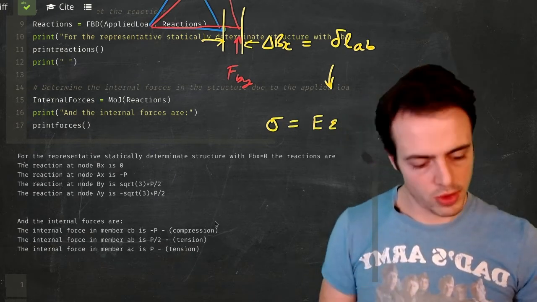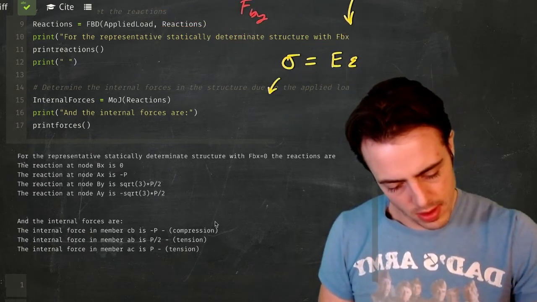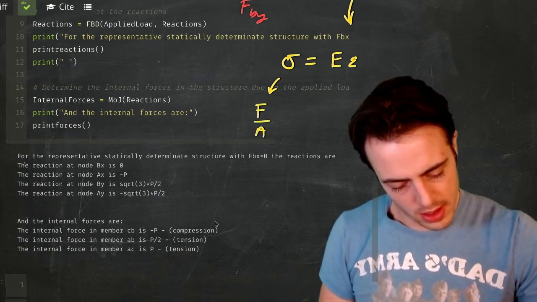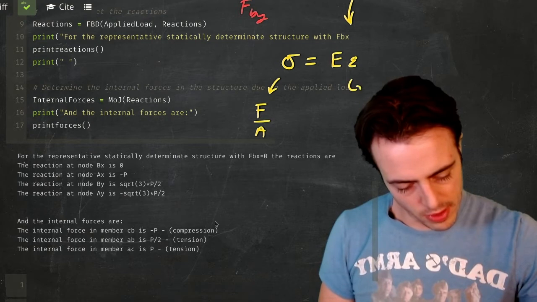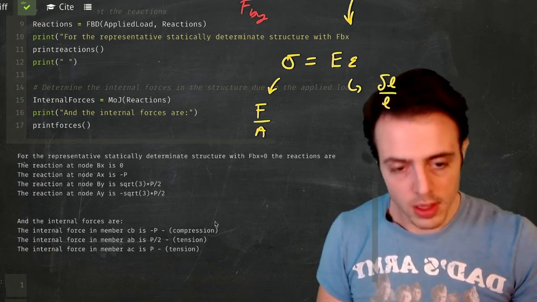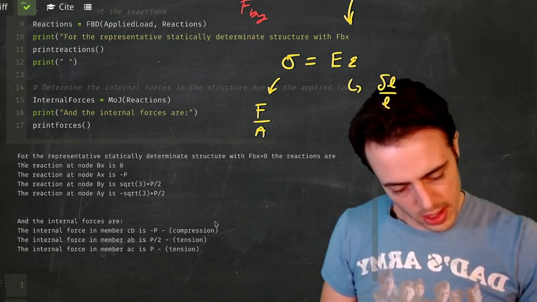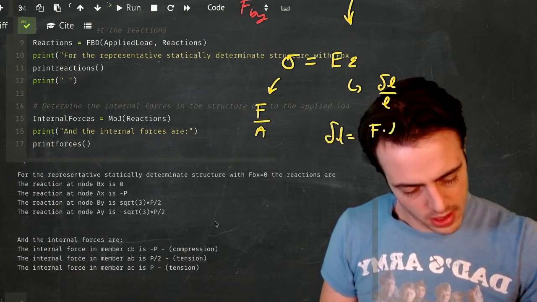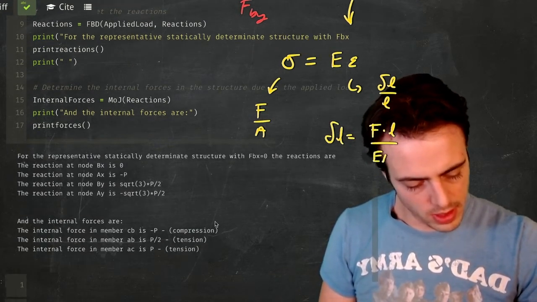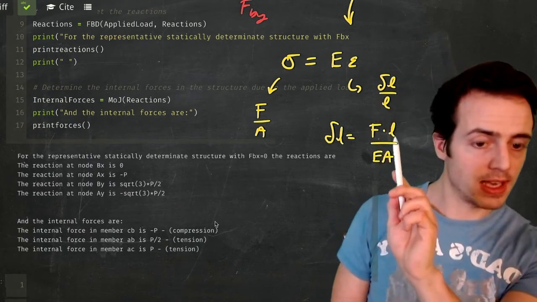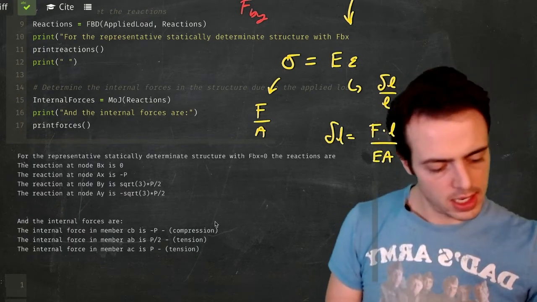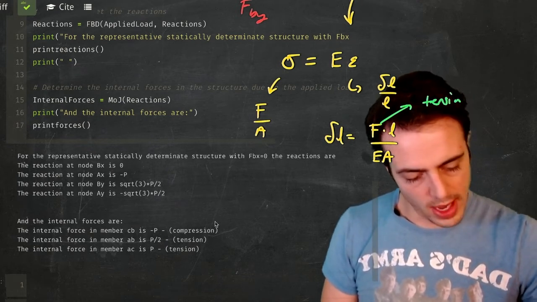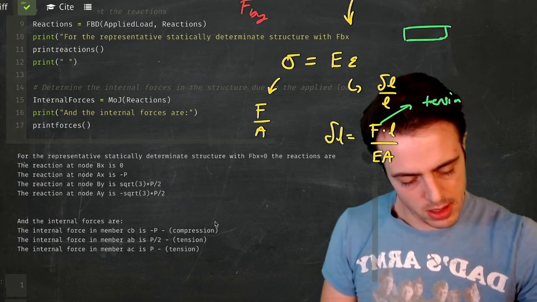And if we can remember from our beam theory, we've got stress is equal to Young's modulus times strain, so that's force divided by cross-sectional area is equal to Young's modulus multiplied by delta L on L. We can rearrange this whole expression to give delta L is equal to F multiplied by L on EA, where F is the tension applied to a beam member.